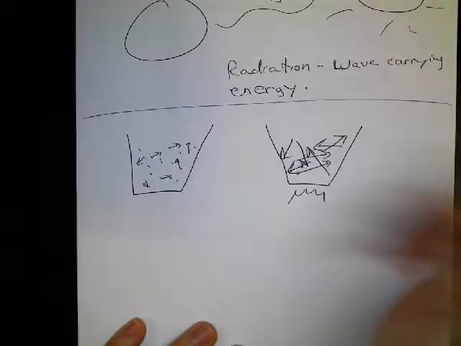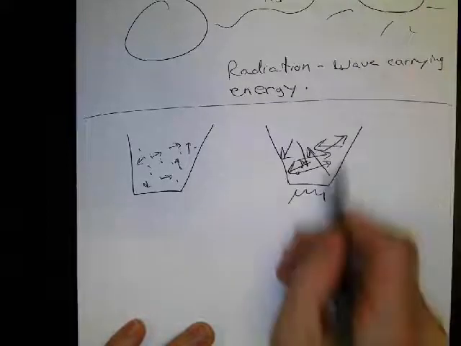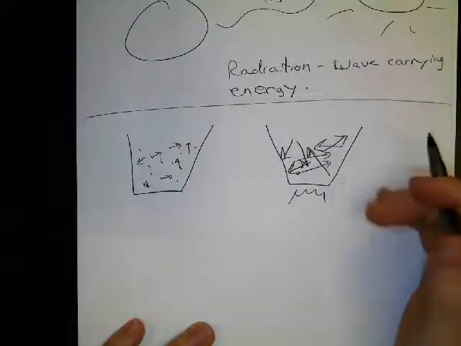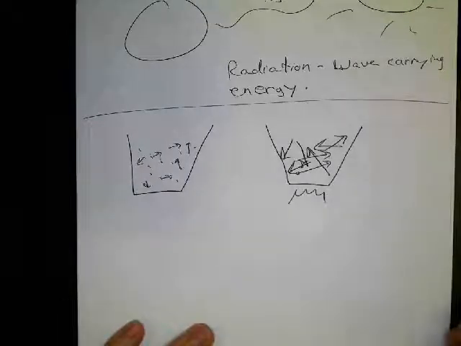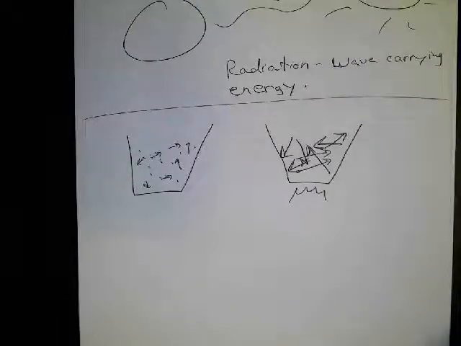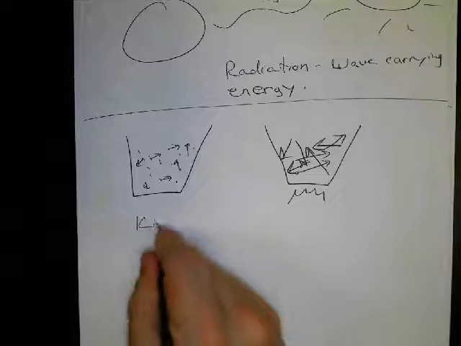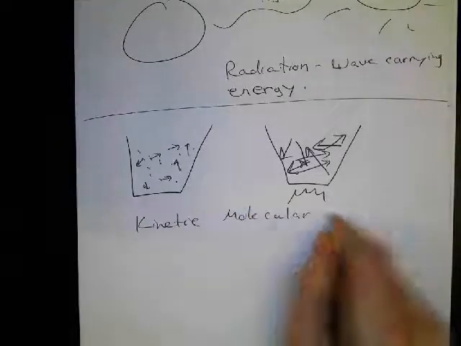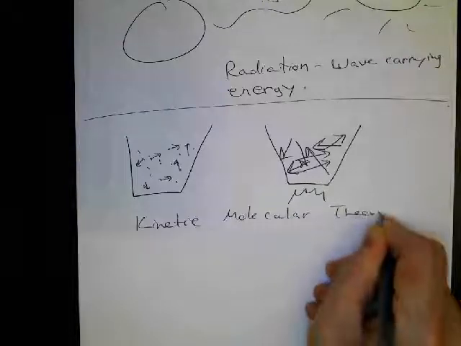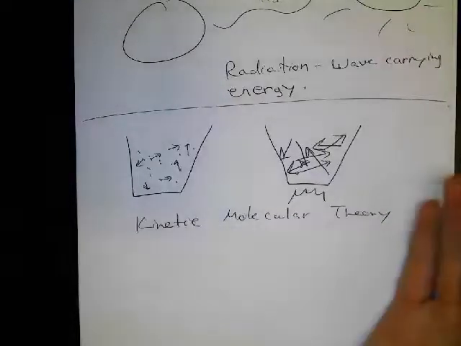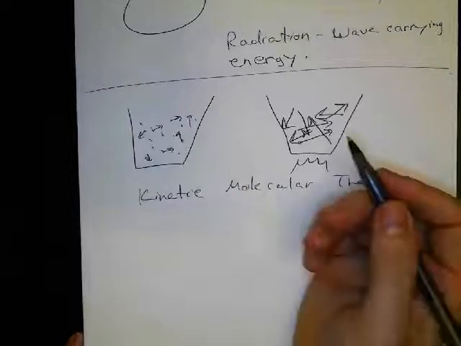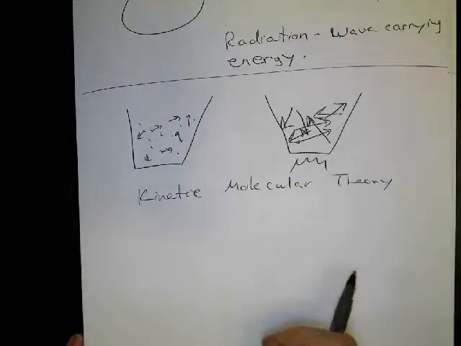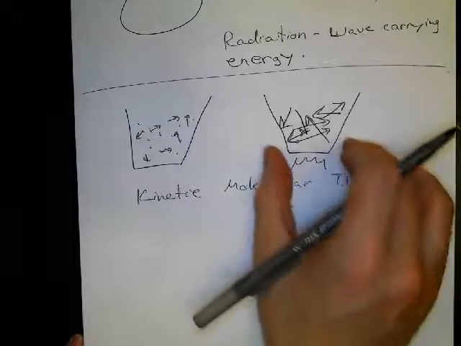So hot things are generally assumed to be moving faster than cold things. This is known as kinetic molecular theory. Kinetic is associated with movement, okay? So an object with more movement energy has more kinetic energy. And an object with more heat, its molecules have more kinetic energy.